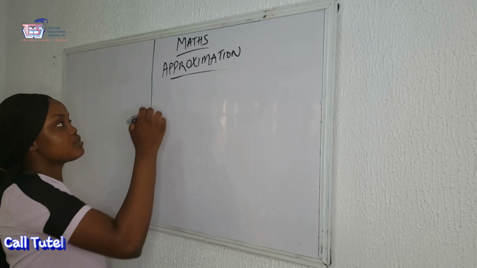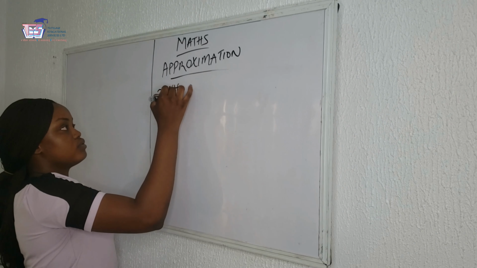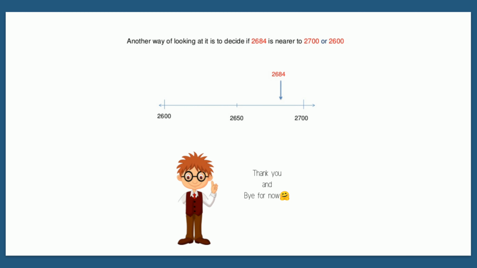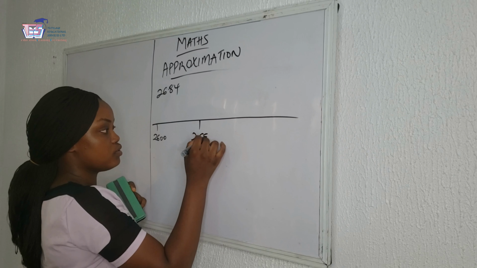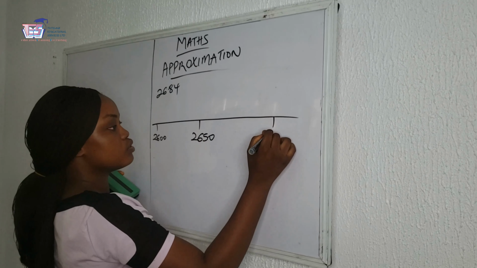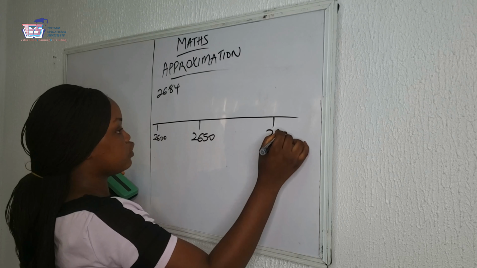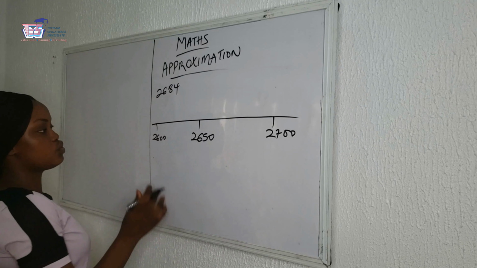Now another way to approximate 2684 is by drawing something that looks like a number line to compare the numbers. You understand? So if you draw this and you put 2600, you put maybe 2650 and 2700, for example.